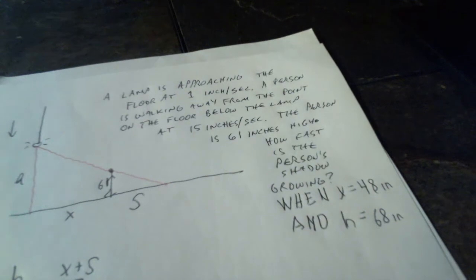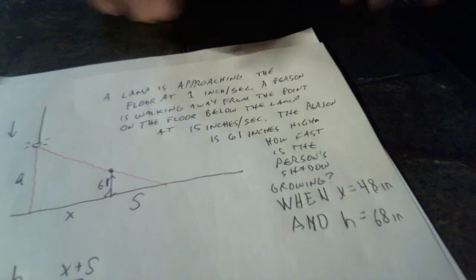And I'm going to need a height for this. I'm just going to say 68 inches above the ground. So the lamp is getting close to the person's height there. So that's going to make that shadow really long. All right, so let's see what happens.